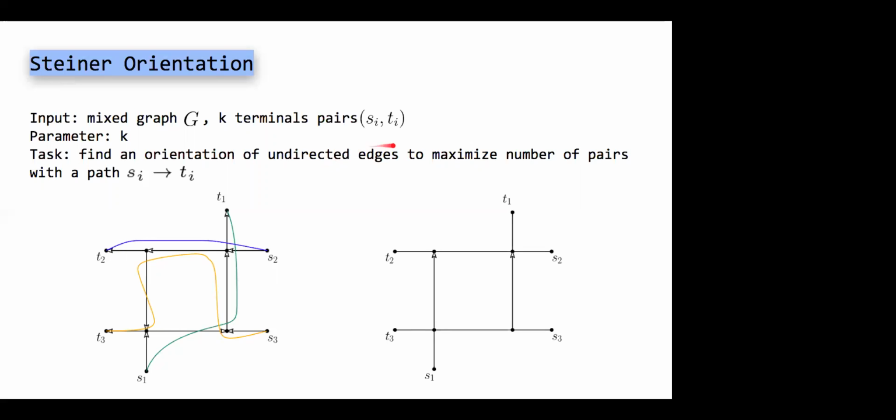And observe that this instance on the left, in which all the edges were initially undirected, is fully satisfiable. But if we started with the instance on the right, where these two middle edges are initially oriented to point up, then this instance on the right doesn't admit such an orientation. And the best we can do is to satisfy any pair of requests, but not all of them.